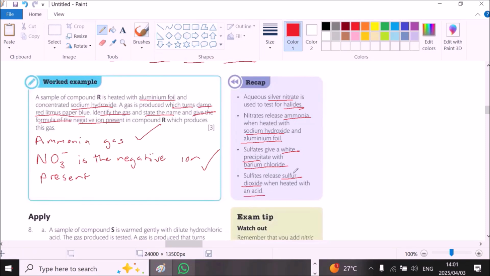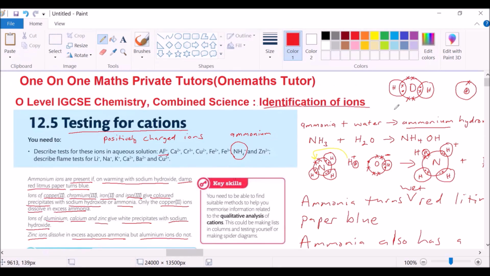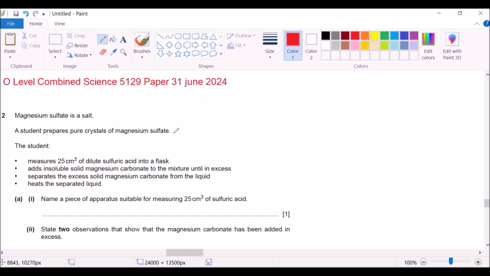So we will test for the sulfur dioxide using acidified potassium manganate, and it will be decolorized to turn from purple to colorless.